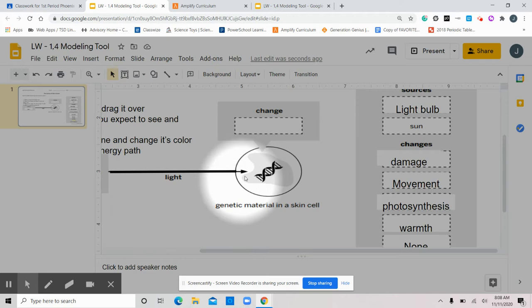Movement. Let's see. Could we get some movement from the genetic material? Yeah, we totally could. Remember, we already said warmth is an option. Well, warmth is really just movement, which is really just speed, which is really just kinetic energy.